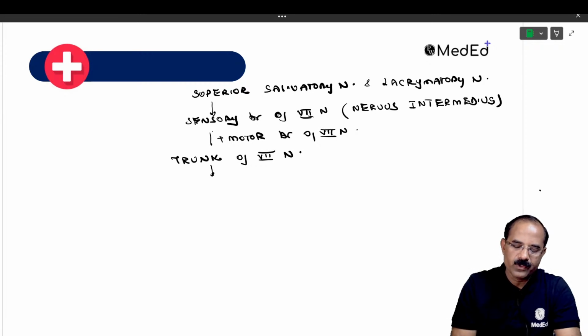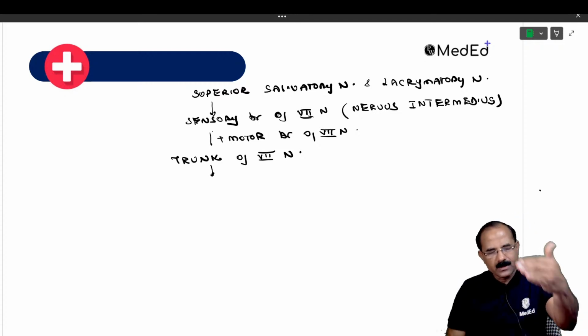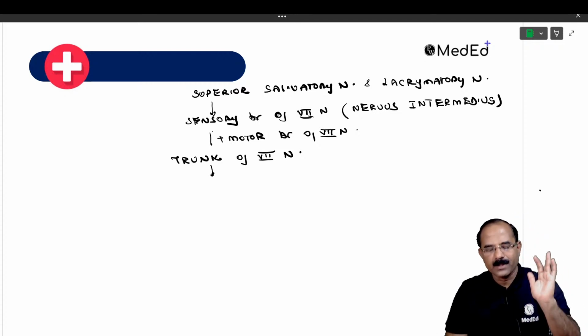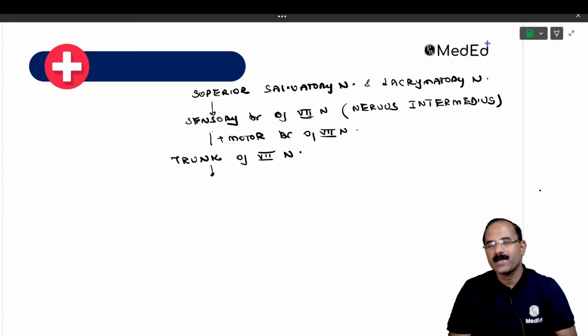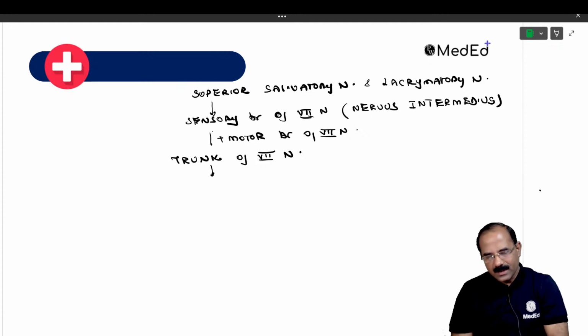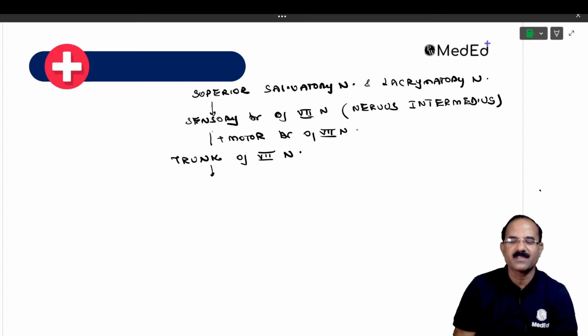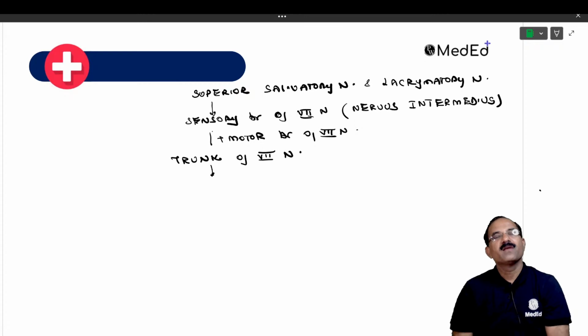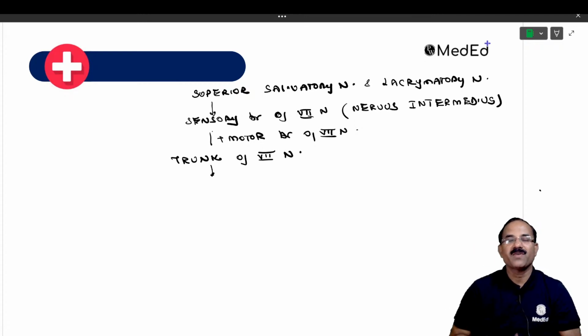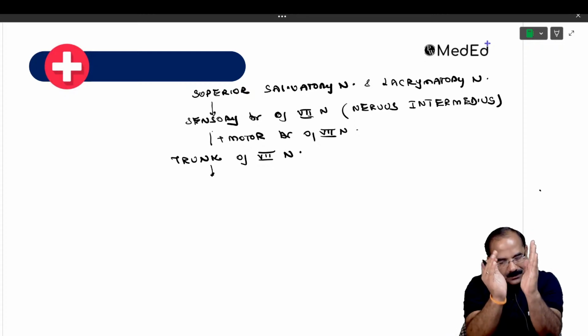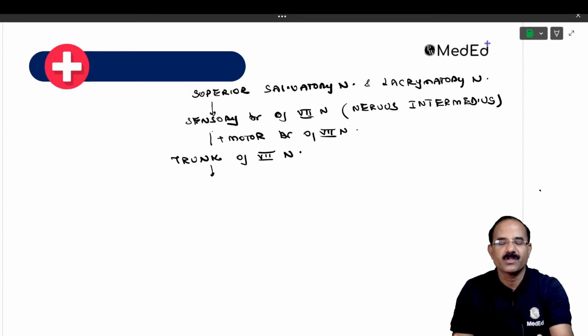Write with me: superior salivatory nucleus and lacrimatory nucleus. The sensory branch of the facial nerve is known as the nervus intermedius. Now this sensory branch will join with the motor branch. This becomes the trunk of the facial nerve.